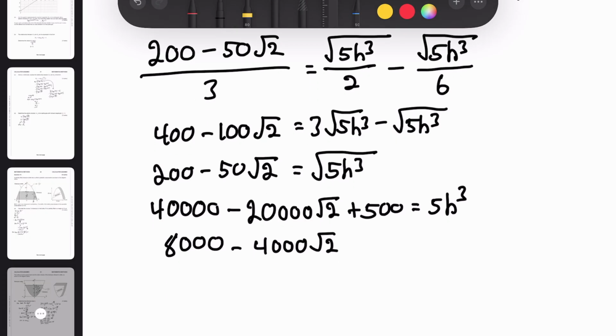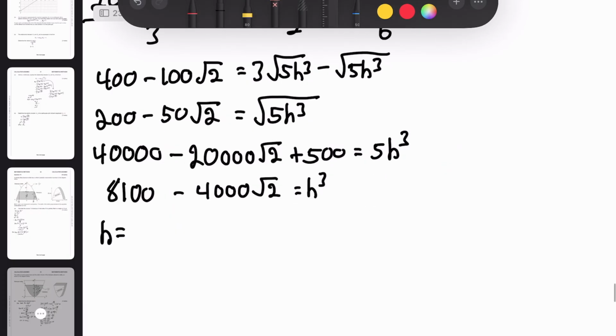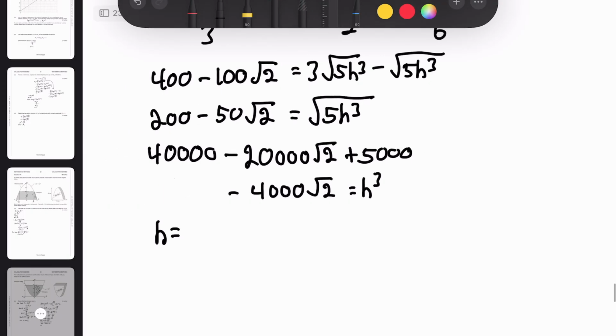So actually this would just be 100 here, 5h to the 3. Oh, sorry, just h to the 3. So then h is just equal. Oh, okay, here should be 5,000. So then this should be 9,000. Then here everything's still 1,000.